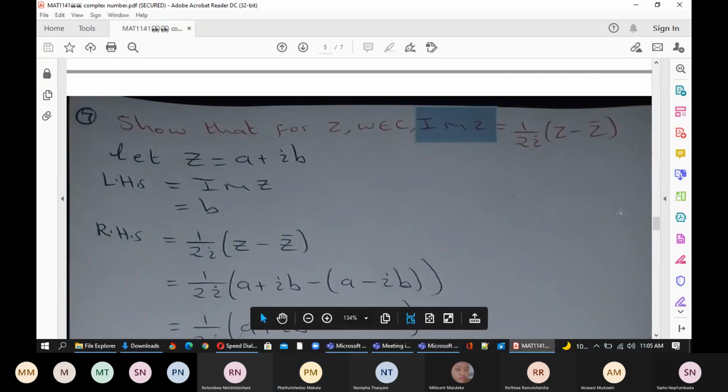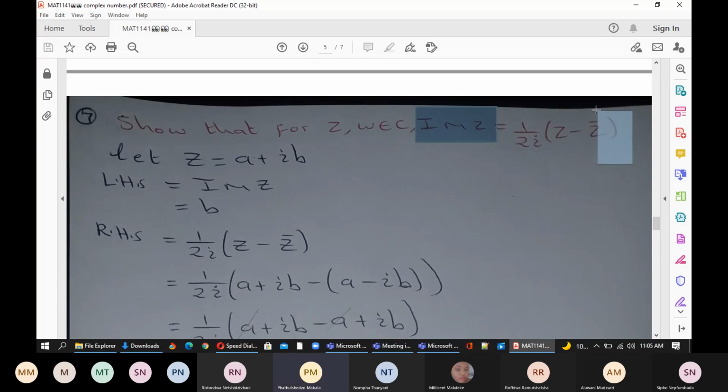So now, we know from this proof, they want us to prove this. Guys, you have to participate. Girls, where are you?